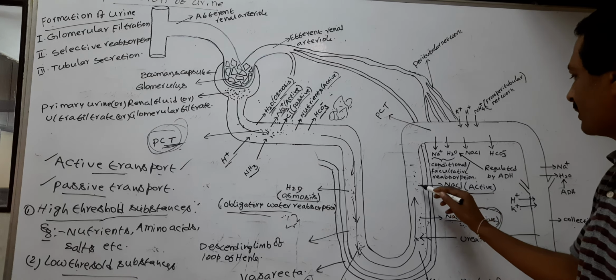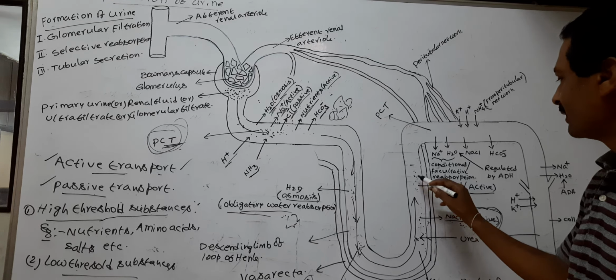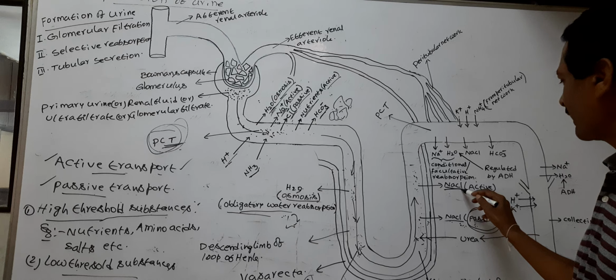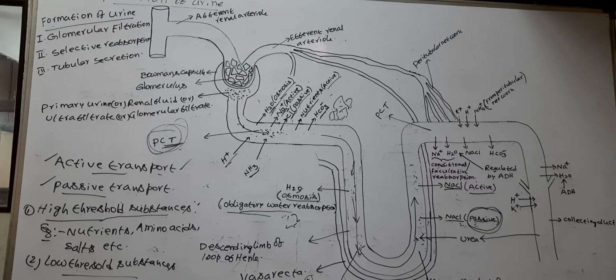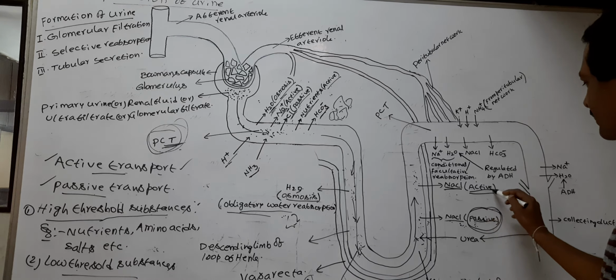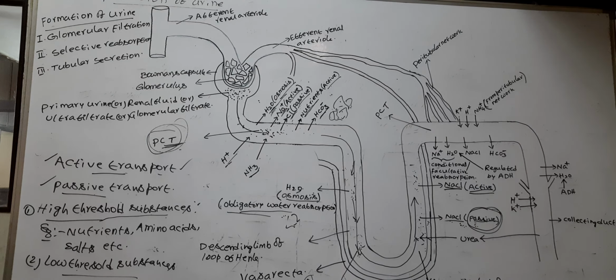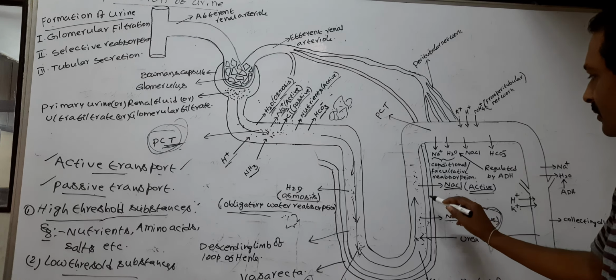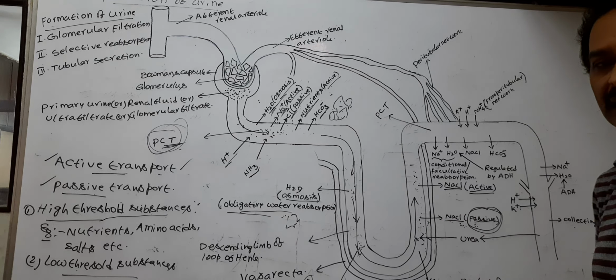Next, the thick-walled ascending limb of loop of Henle reabsorbs the sodium chloride from primary urine into medullary interstitial fluid by active process. So, in the ascending limb, water does not reabsorb. Only sodium chloride or salts are reabsorbed.